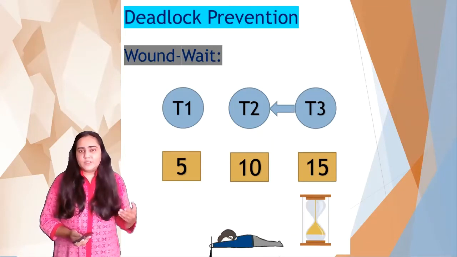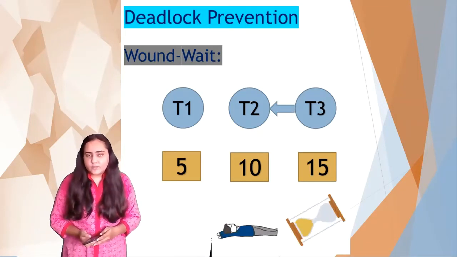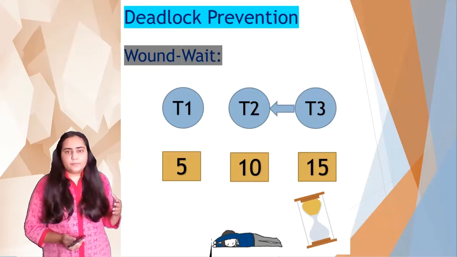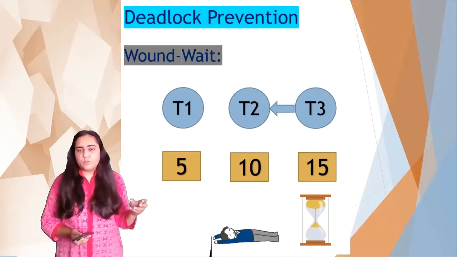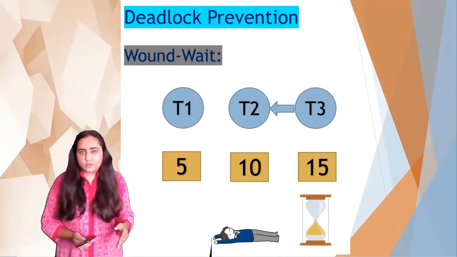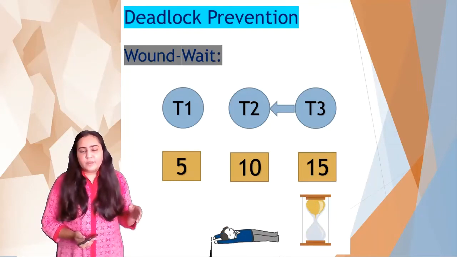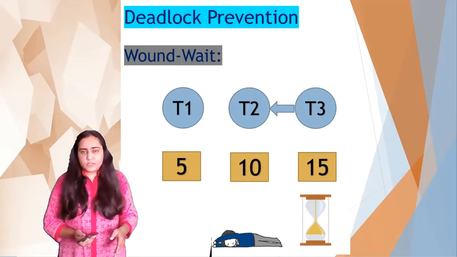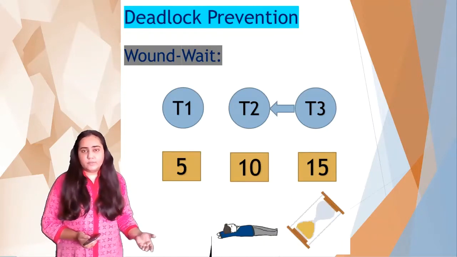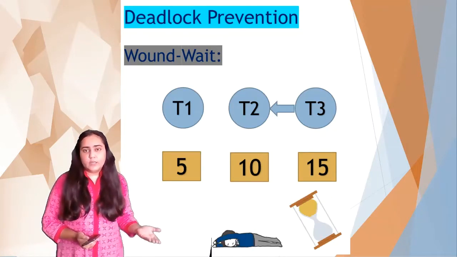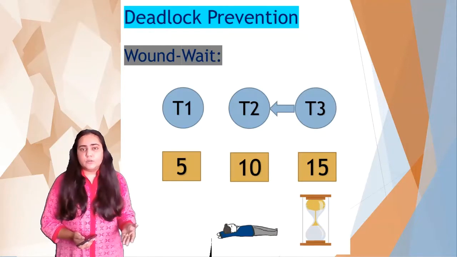So that is how the wound wait technique works. If there's an older transaction wanting a data item from the younger transaction, then the younger transaction will roll back. But if there's a younger transaction asking for a data item from an older transaction, then the younger transaction will have to wait.